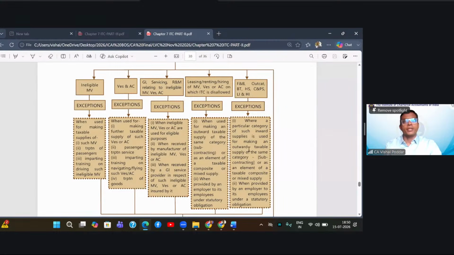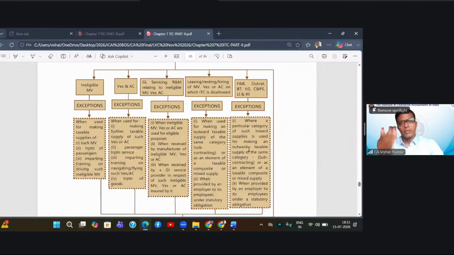The second point is if you are using these inward supplies for providing them to your employees, as we all know, we have to provide some facilities, some services to our employees. Say, you have to do pick up and drop. So you have hired a motor vehicle, or you are providing insurance, or you are providing food to your employees.